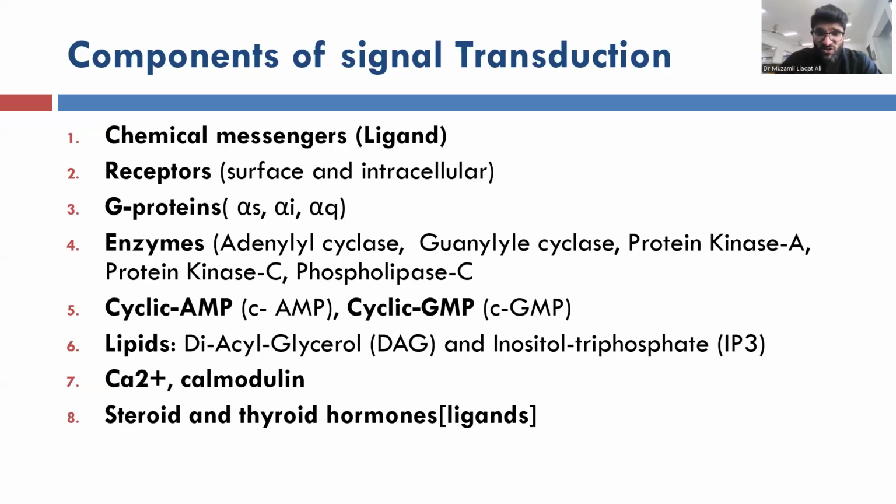The next is the second messengers, which can be cAMP, cGMP, IP3, that is inositol triphosphate, DAG, that is diacylglycerol, or calcium or calmodulin, and protein kinases, for example, protein kinase A, protein kinase C, and protein kinase G. We will master each component today.